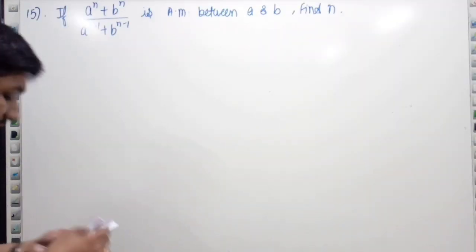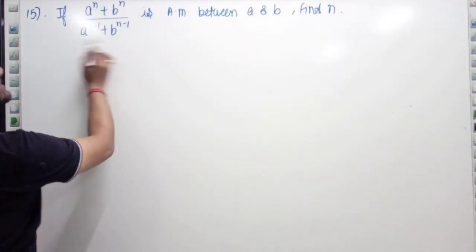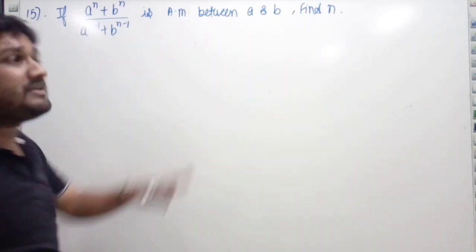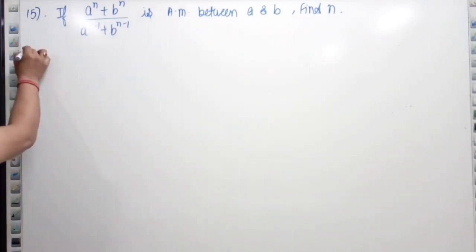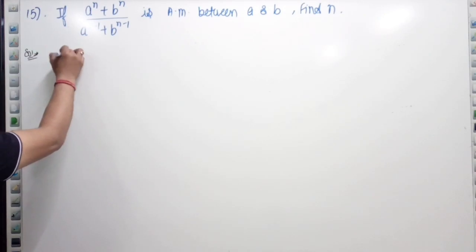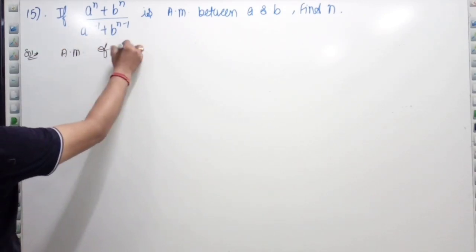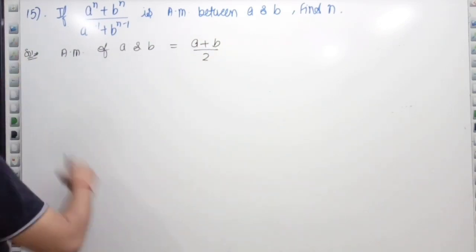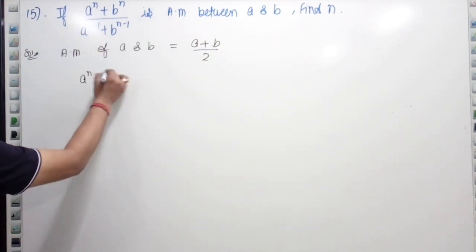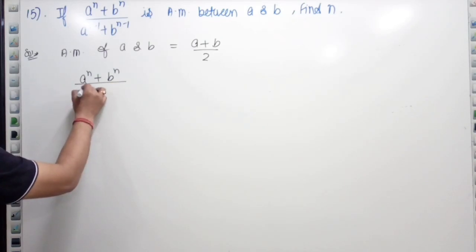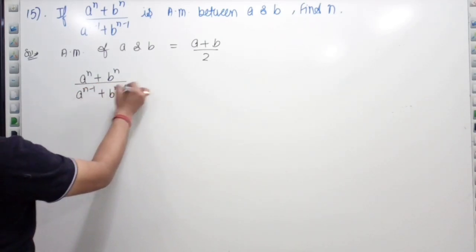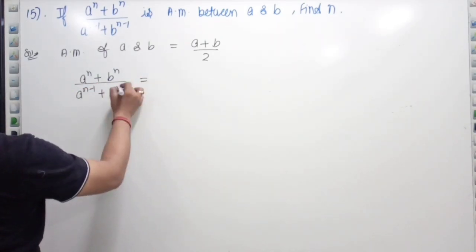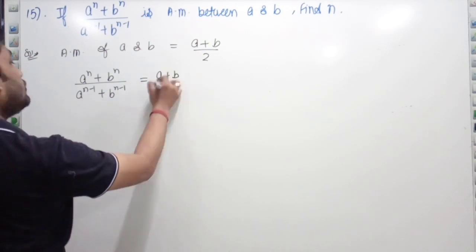Now next question we have is, this is the arithmetic mean between a and b. Find the value of n. Now what do you know the formula of arithmetic mean of a and b? This is a plus b by 2, and this is given as a to the power n plus b to the power n upon a to the power n minus 1 plus b to the power n minus 1 equal to a plus b by 2.